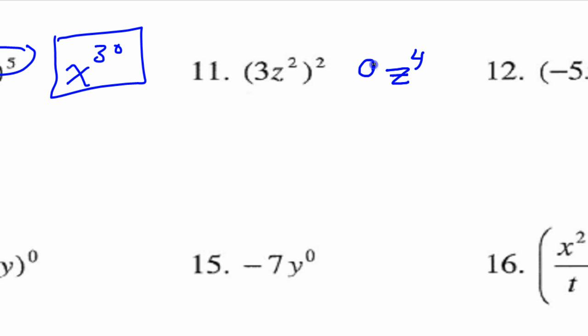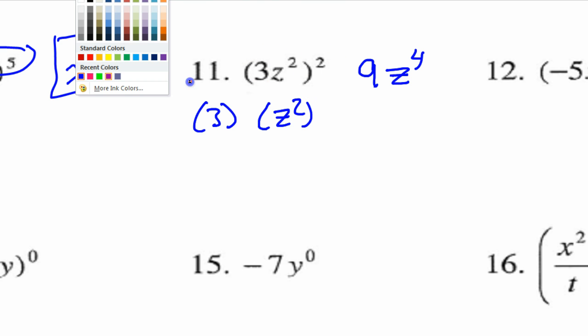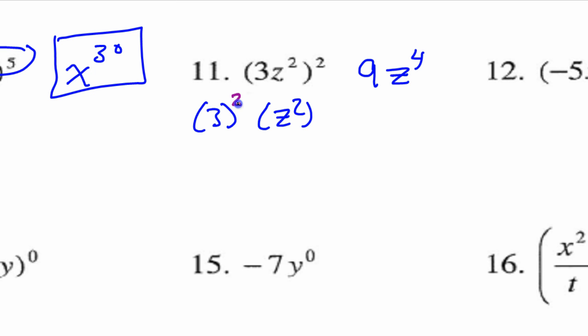I'm going to do 3 squared and get 9 because what's happening is I've got this power, but that power is being applied to each of these things. So inside here I've got the 3 and I've got the z squared, right? Those are the two things I've got. Both of these things are being squared. So I've got 3 squared and I've got z squared squared.